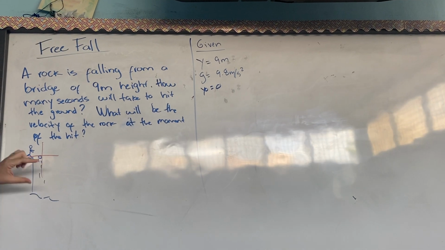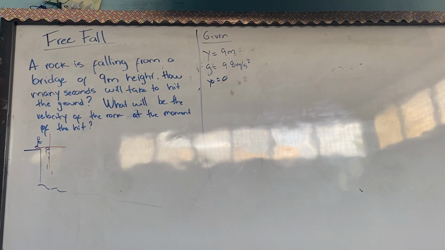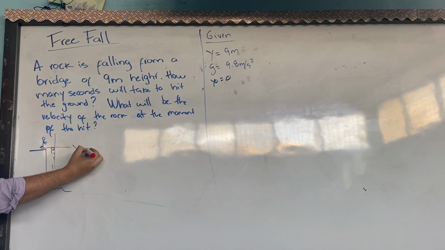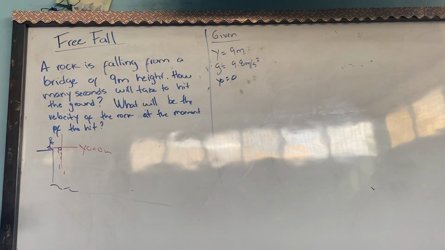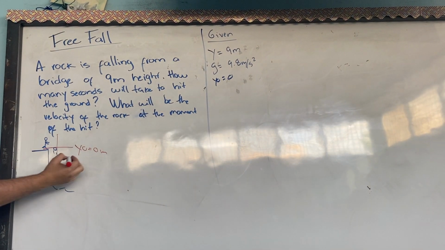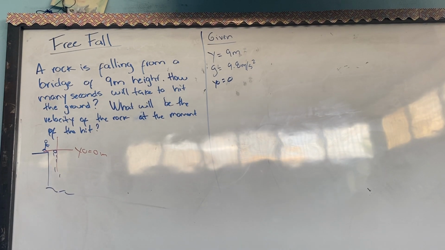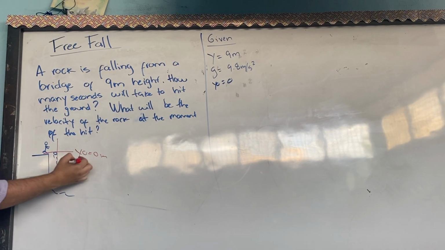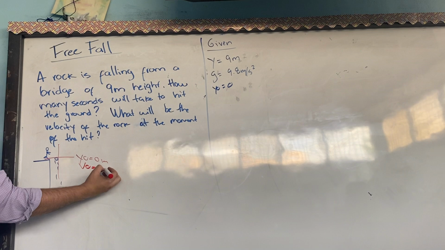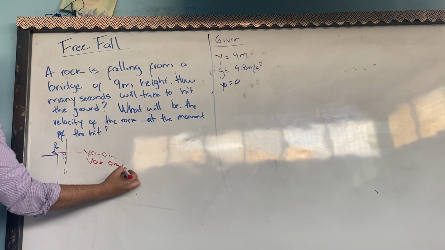So in this one, this will be the initial position, that will be 0 meters, and the initial velocity, right? What will be the initial velocity if you don't throw something? If you don't throw something, the initial velocity will be 0 meters per second, right?